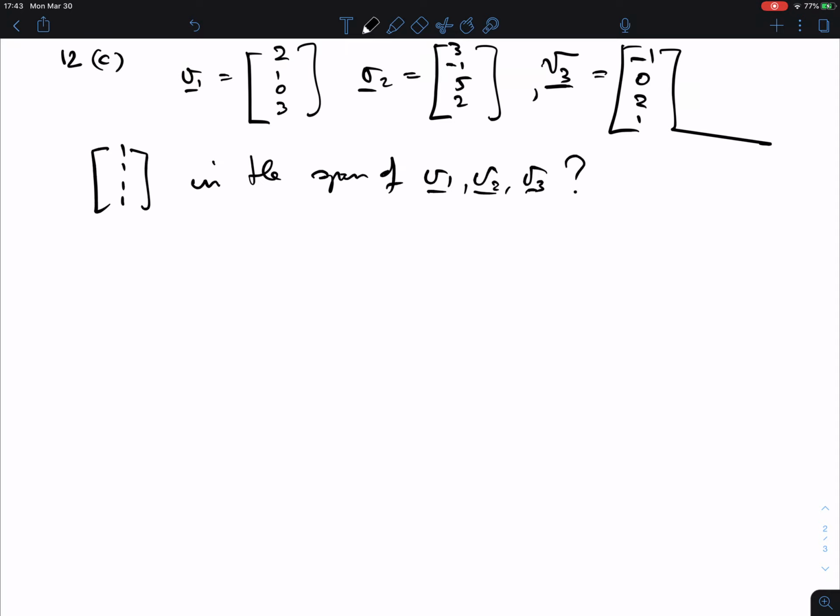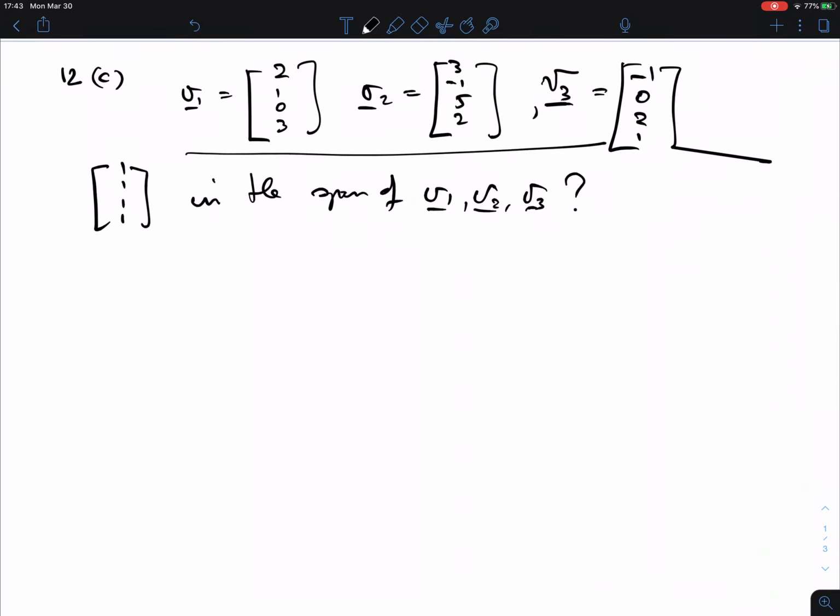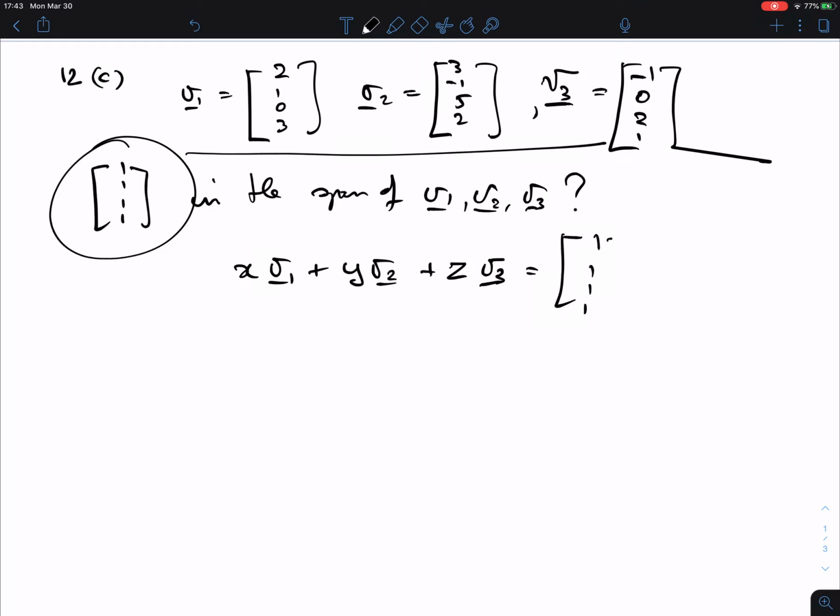What does this mean? This means that there is a linear combination of these three vectors that gives this. So there's a system x V1 plus y V2 plus z times V3 equal to my vector 1, 1, 1, 1.